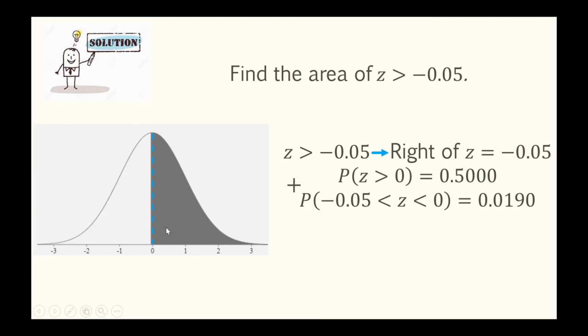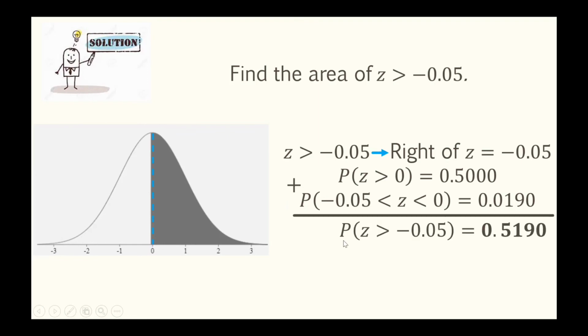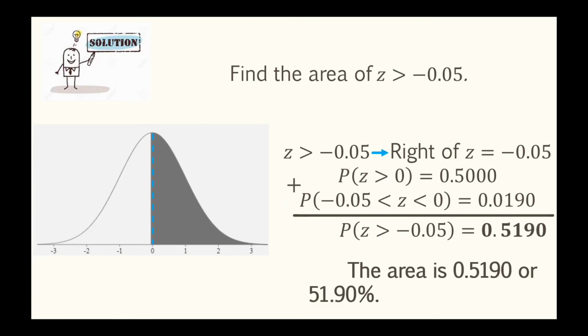We're going to add, because it's very obvious from the graph, na lagpas sa 50% yung shaded portion. So, the probability of z, which is greater than negative 0.05, is equal to 0.5190. In percent, that is 51.90%.